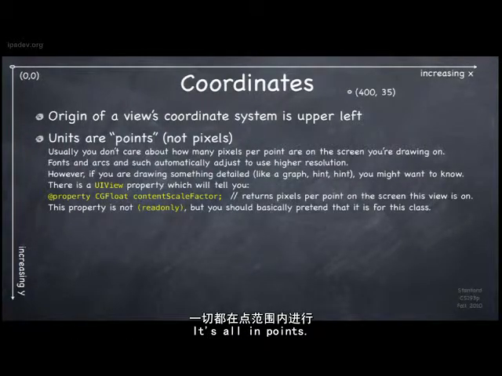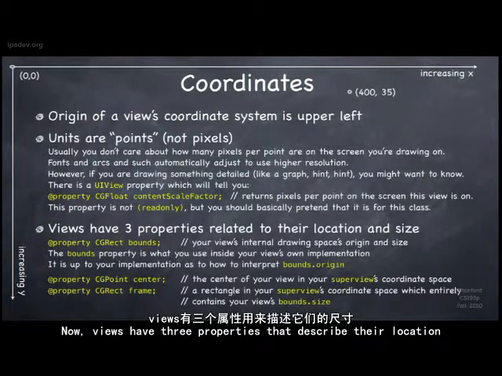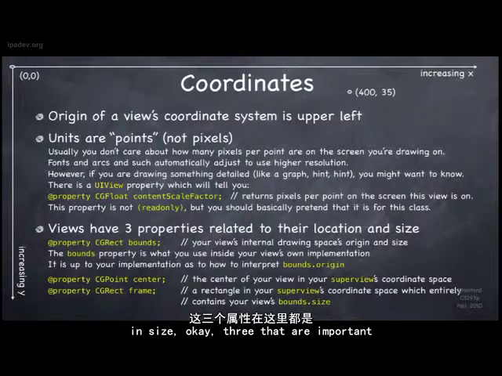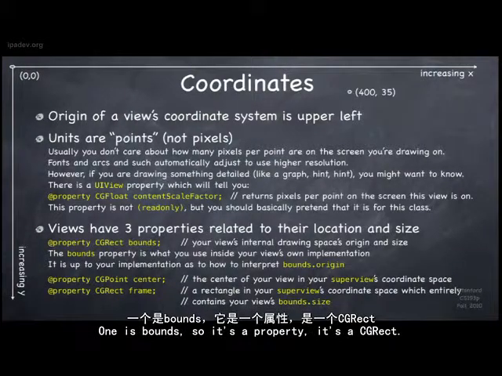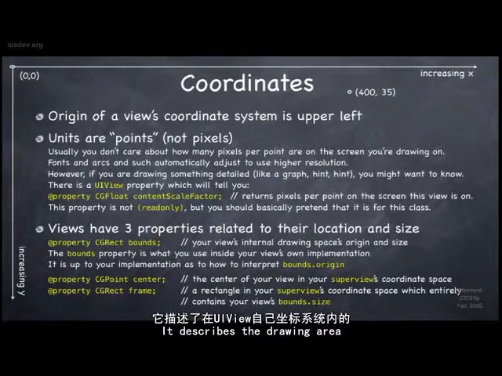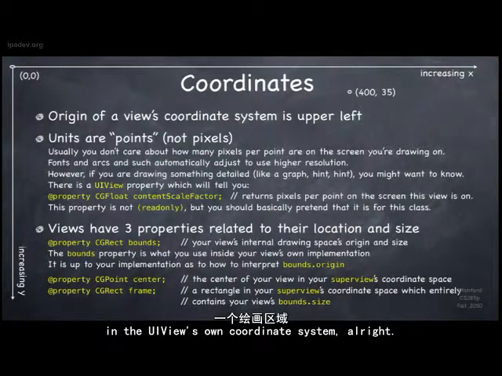It's all in points. Now, views have 3 properties that describe their location and size. Okay, 3 that are important to consider here. One is bounds. It's a property, it's a CGRect. It describes the drawing area in the UIView's own coordinate system.